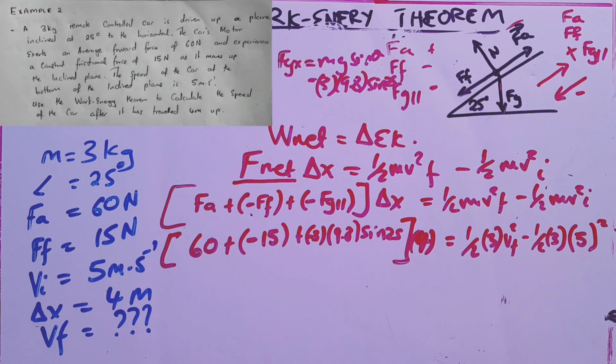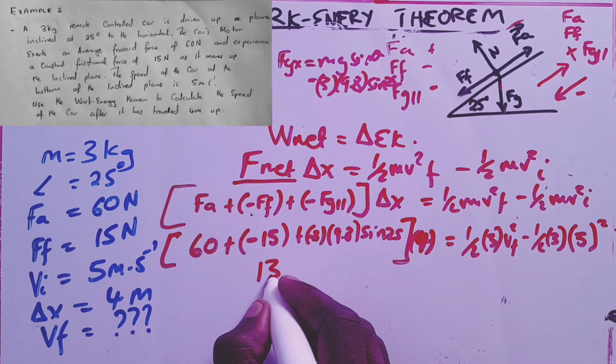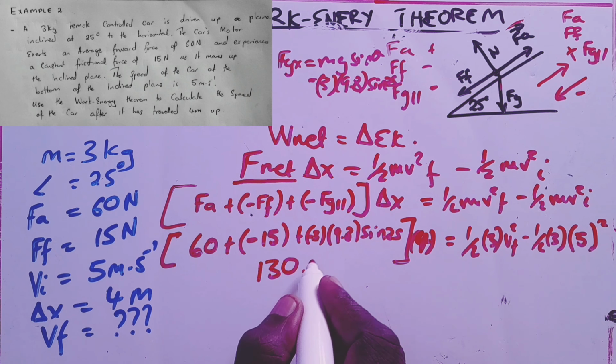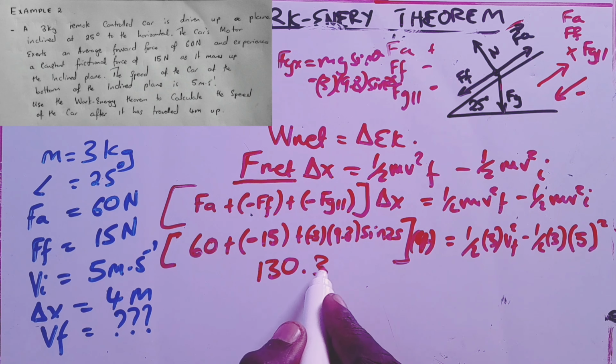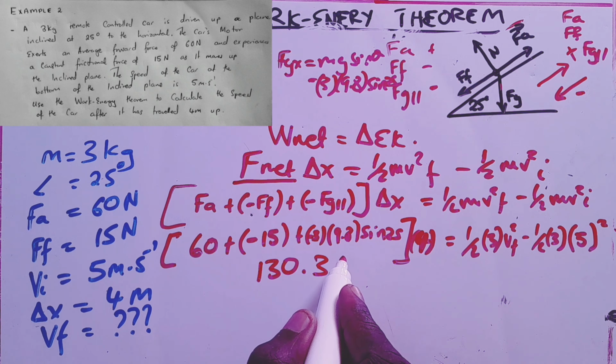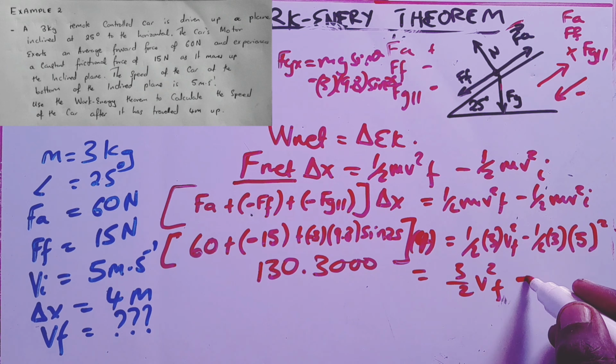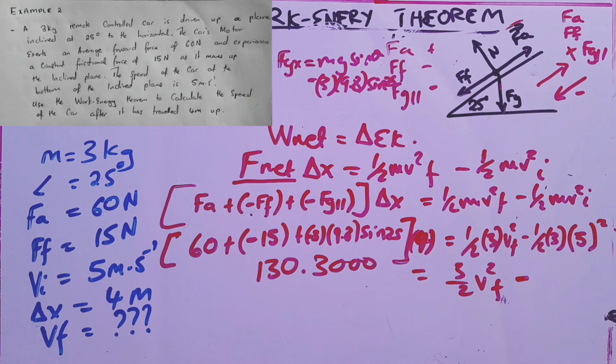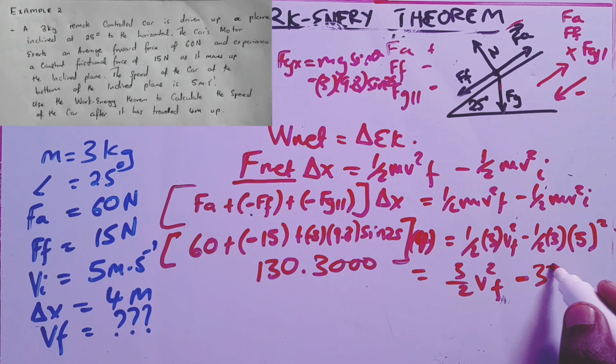So what do we have? So this side we are going to have a situation like, after multiplying everything, we're going to have 130.3 being equal to 3 over 2 v squared final minus 37.5, right? So we can take this to that side.